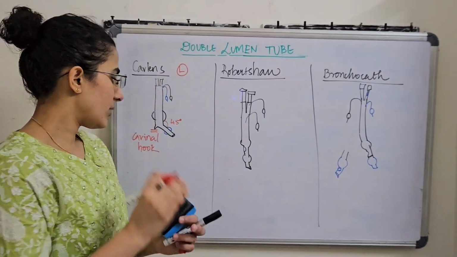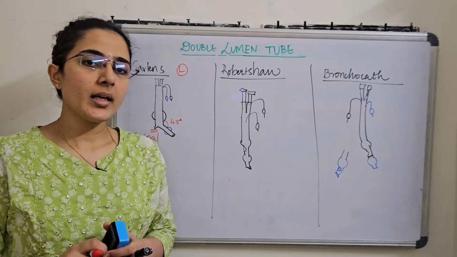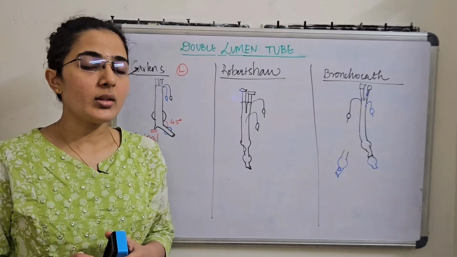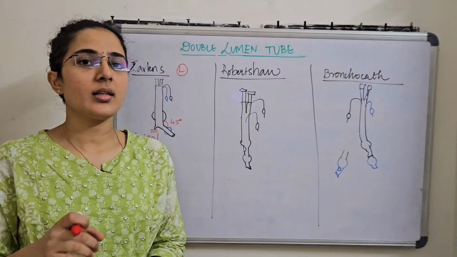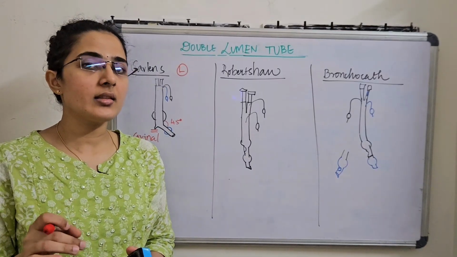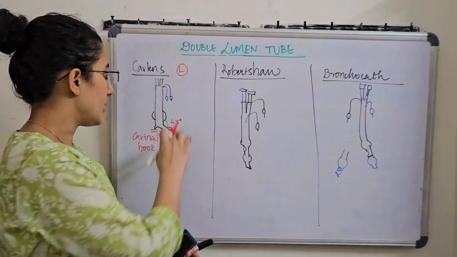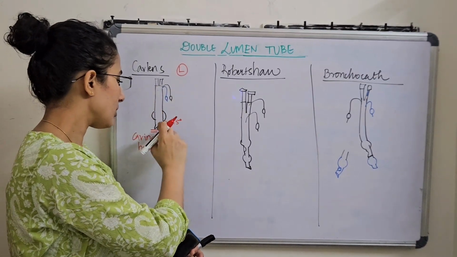Okay, so one of the advantages of the Carlen's double lumen tube is that it can be inserted even in a pulmonary hemorrhage where the vision is not very good, because we had the carinal hook that helps us identify that it is sitting in the right place, right? It also had two cuffs. One was the central tracheal cuff, and then we had the bronchial cuff.